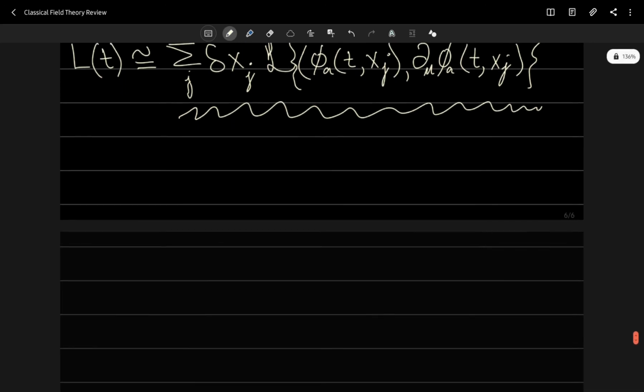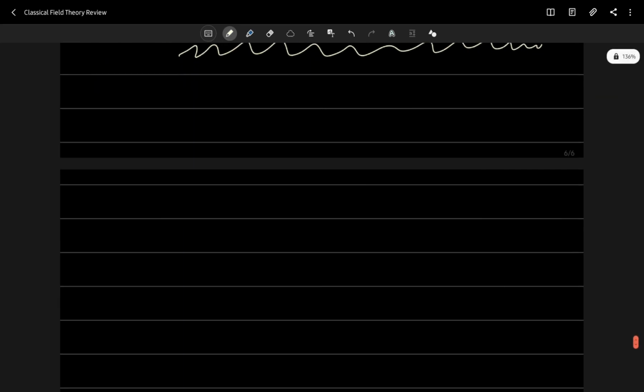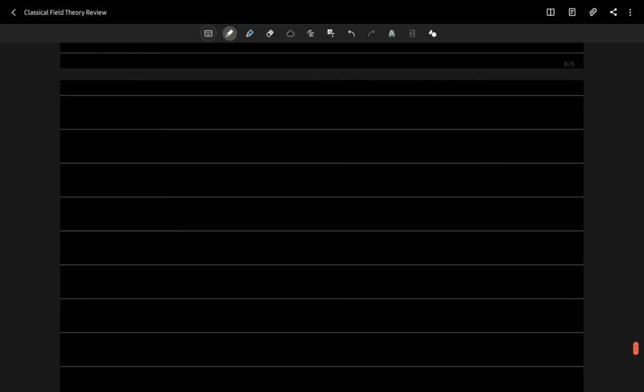Now, with this, if you recall how we defined our momentum density, we can obtain the discrete conjugate momenta, right?